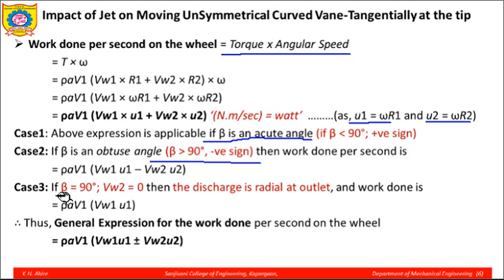Third case is if beta is equal to 90 degree, Vw2 becomes 0. The discharge is radial at outlet of the wheel, and work done is given by rho a v1 into Vw1 u1. So thus the general expression for the work done per second on the wheel is given as rho a v1 into (Vw1 u1 plus or minus Vw2 u2).